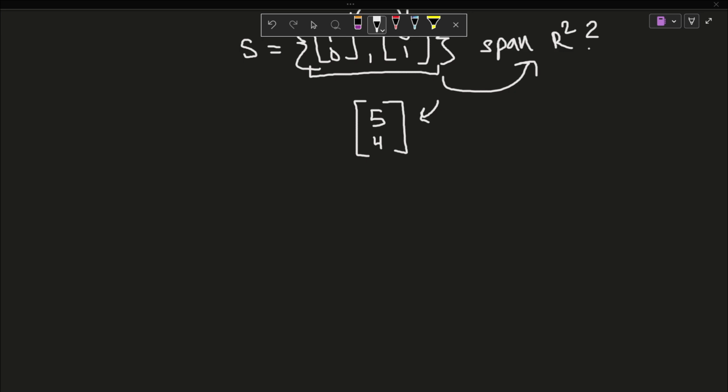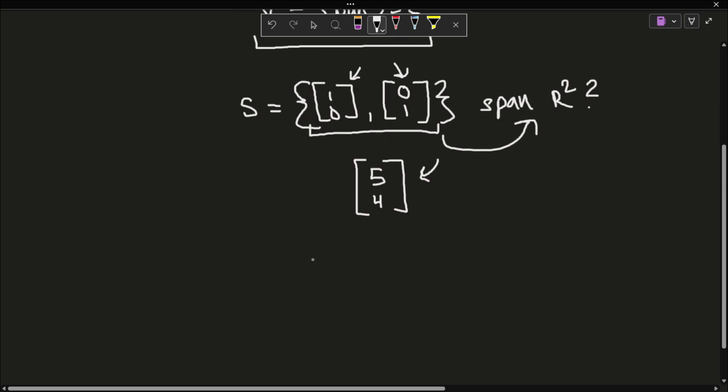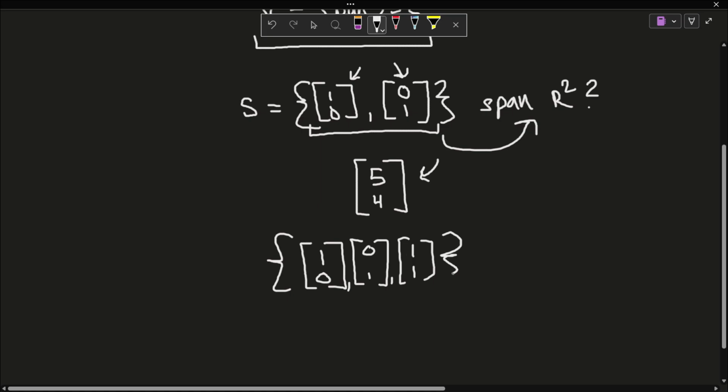Now, right now what we could have is, let's say we have 3 vectors: (1, 0), (0, 1), (1, 1). And with these 3 vectors, one of them is unnecessary. This last one, we don't need it, because we can create this last vector using one of this and one of this.